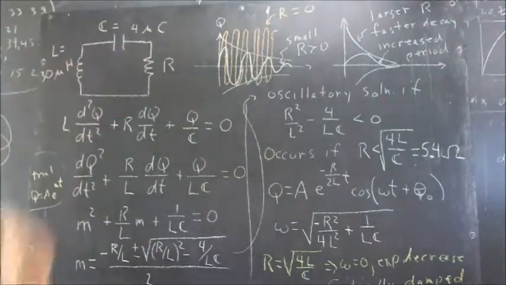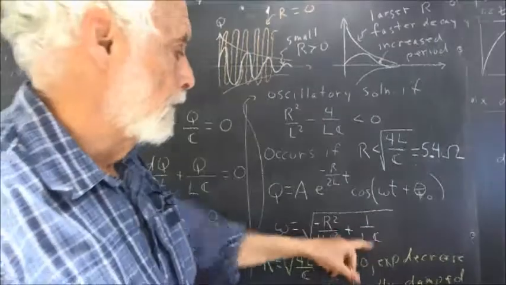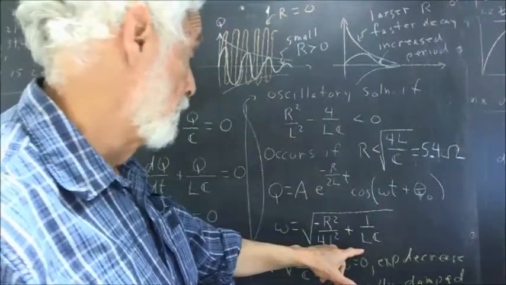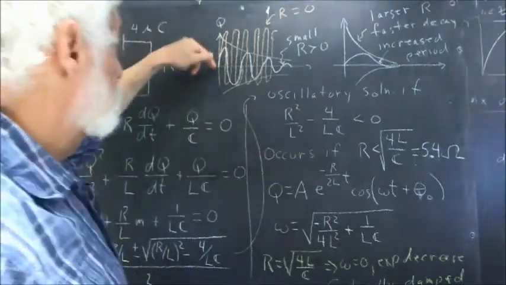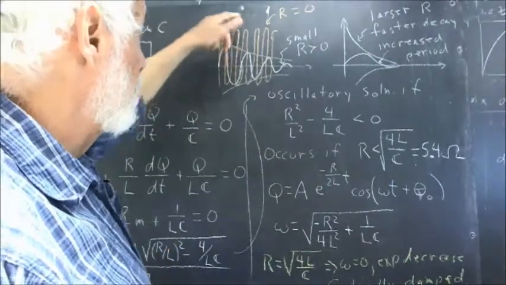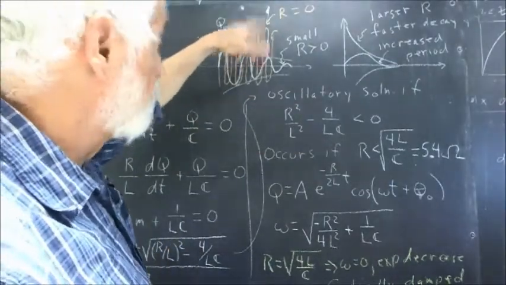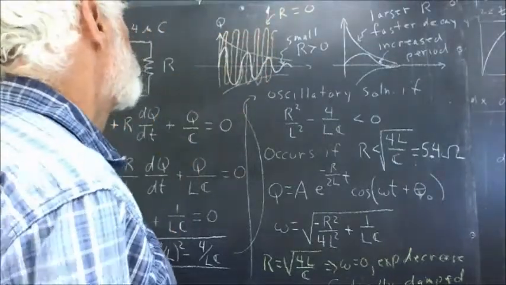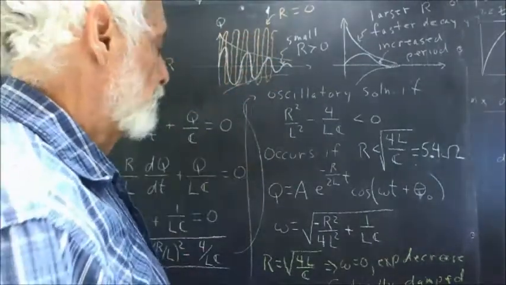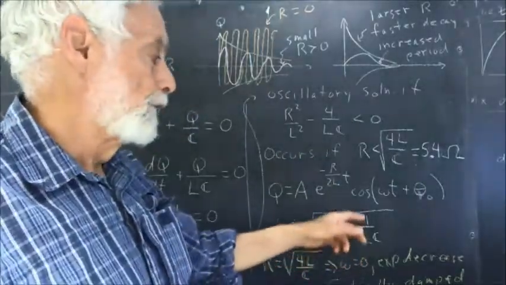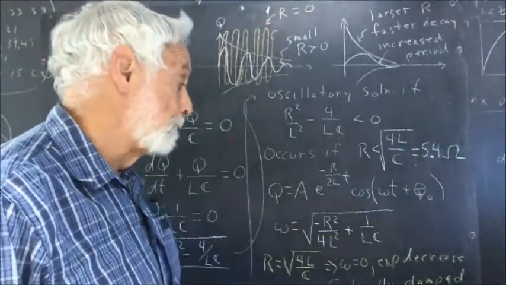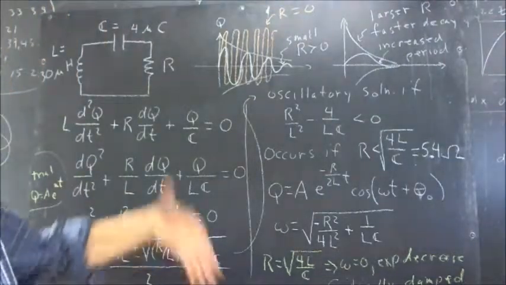In the LC circuit, we had omega equals the square root of 1 over LC. So we have that solution if R is 0, and that solution gave us an oscillation at constant amplitude and at some frequency. The angular frequency being 1 over the square root of LC, and the frequency being that divided by 2 pi.